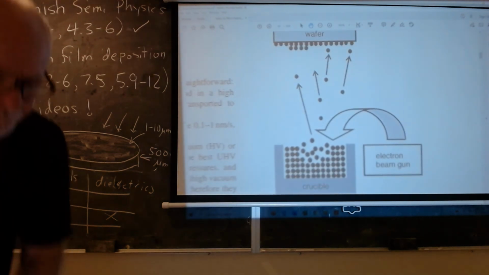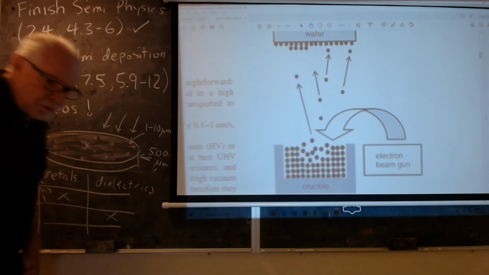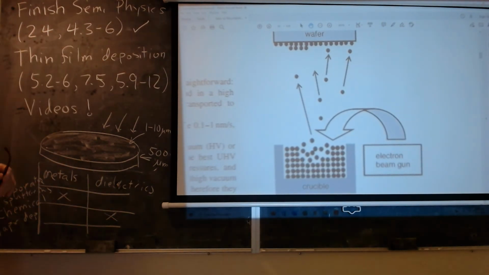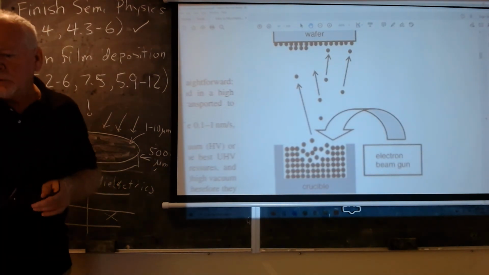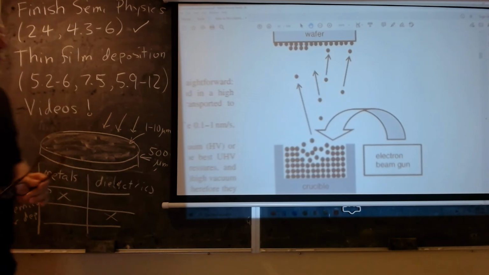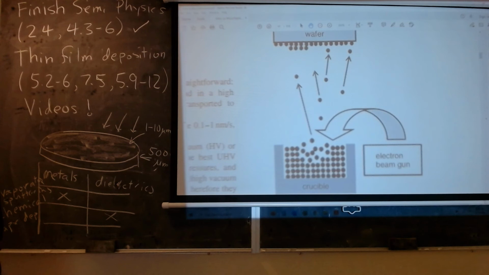All right. So now, one of the videos is on using what's called an evaporator, which is what this picture is basically showing, the process of evaporation.